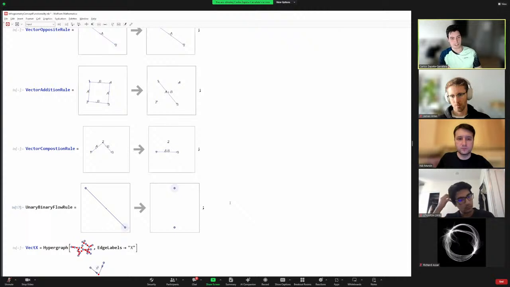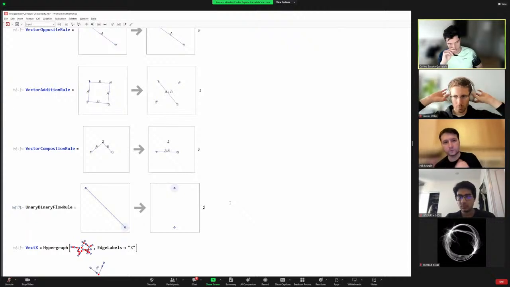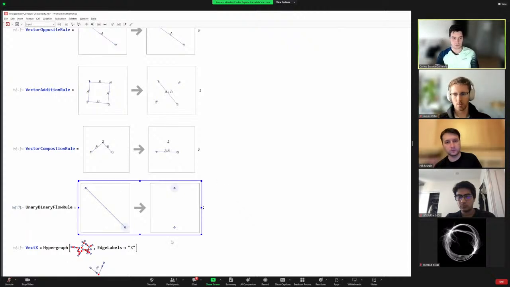And then you have only unary edges scattered across some graph, right? So then the question is, how do we make this rewrite rule work in a way that reflects some behavior that is characteristic of directional derivatives?